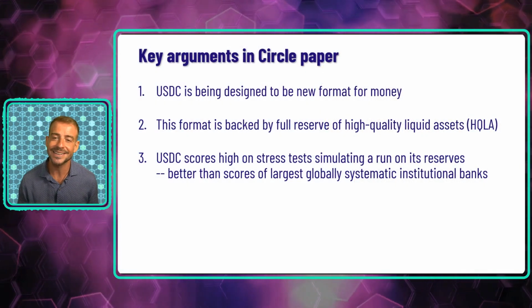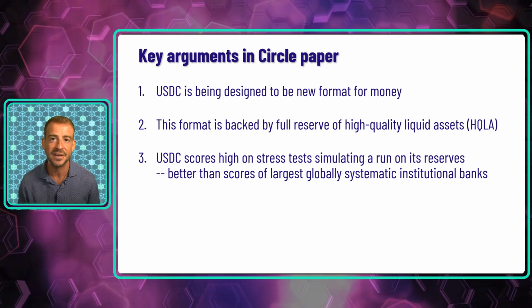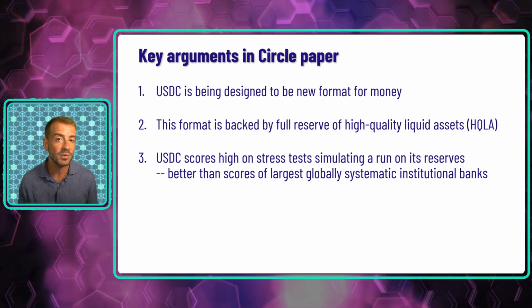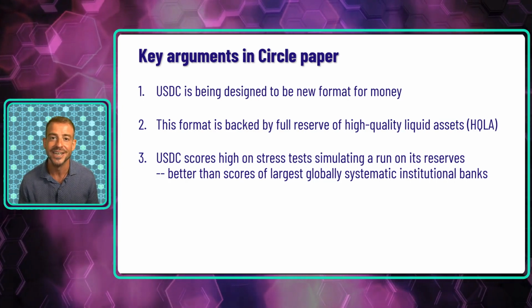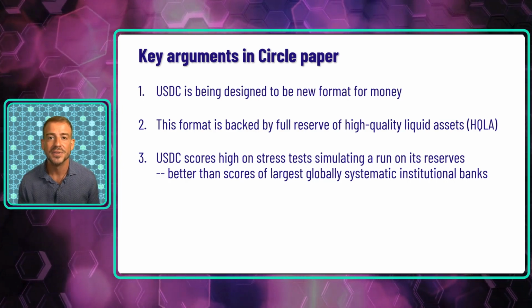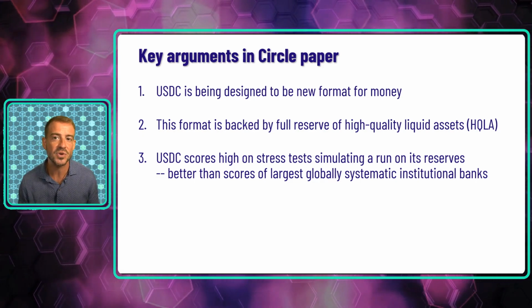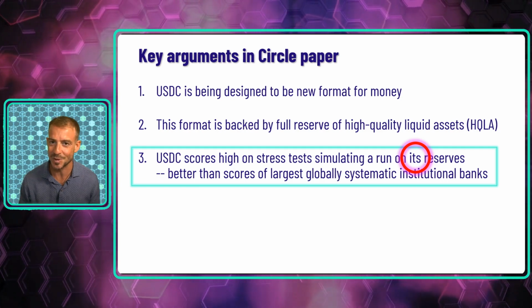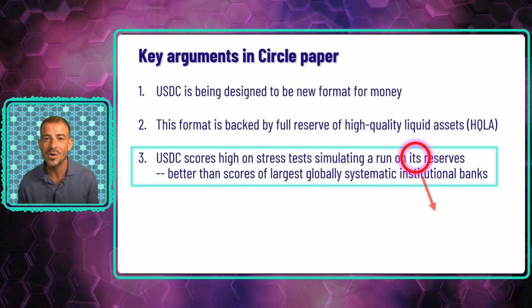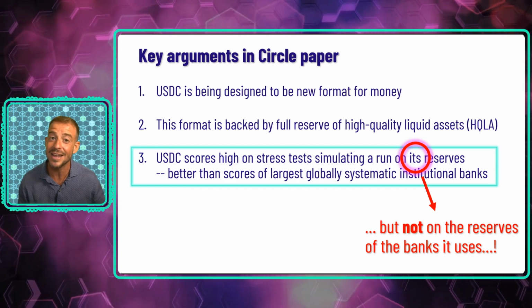If we look back at Circle's paper, we find that there is some unconscious sleight of hand at work in its arguments. I say unconscious because I give them credit as good actors. If they had anticipated this risk, I have no doubt that they would have moved to avoid it. The stress test that they devise in this paper checks how USDC would hold up in the event of a run on USDC's reserves, but not what would happen if there were a run on the reserves of a bank that USDC was reliant upon.